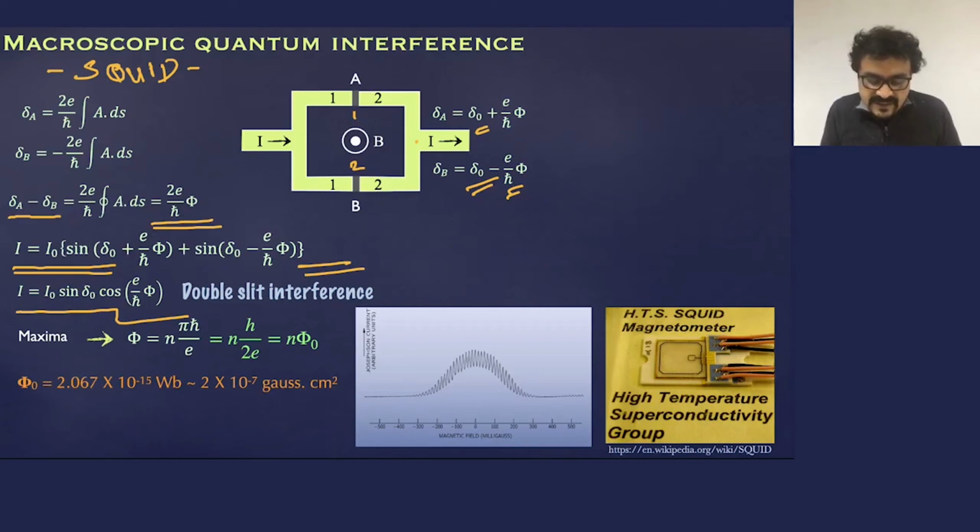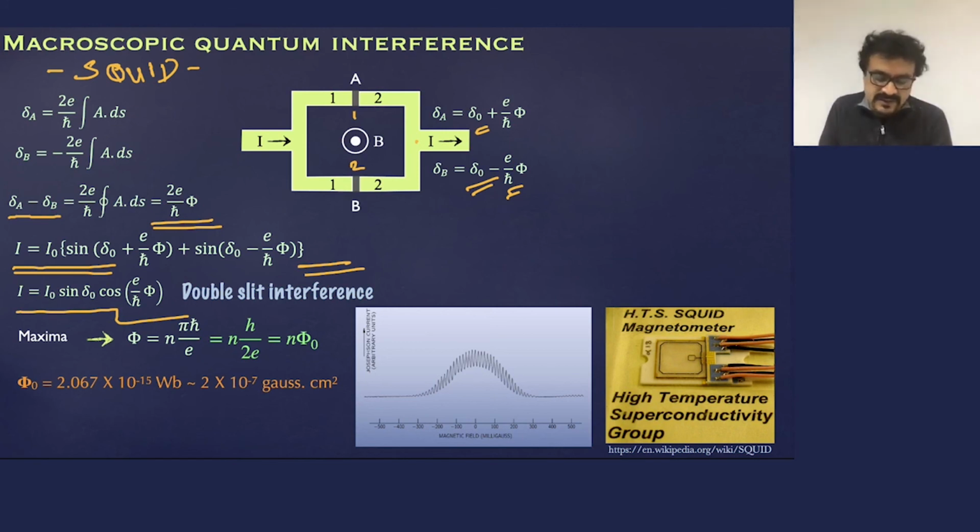If you look at this formula, it is very similar to a Young's double slit interference formula, where you have a fast oscillating term e by h bar. This is a very small term. Now you also have a slowly varying term delta 0.